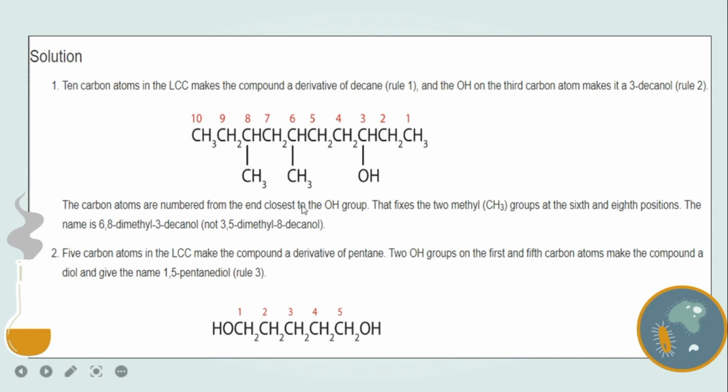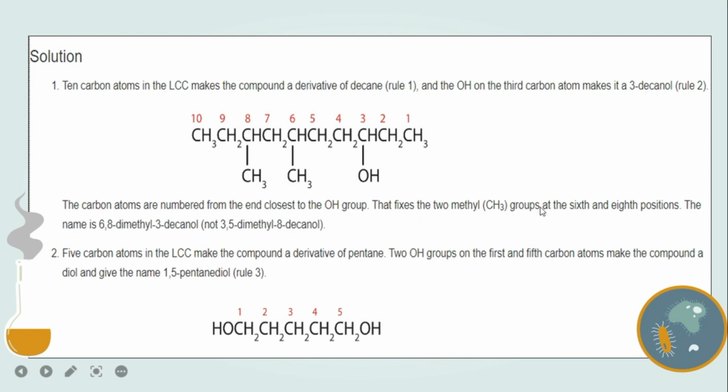Remember rule number 1: the group nearest to the hydroxyl group is where we start to count as C1. From the given, the group closest to the OH is on the right side, so we need to count right to left: C1, C2, and C3, because CH3, CH2 is the group closest to the OH.